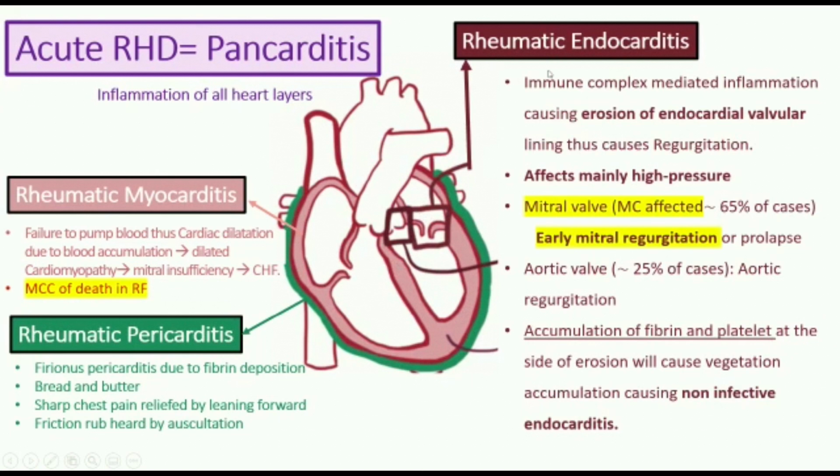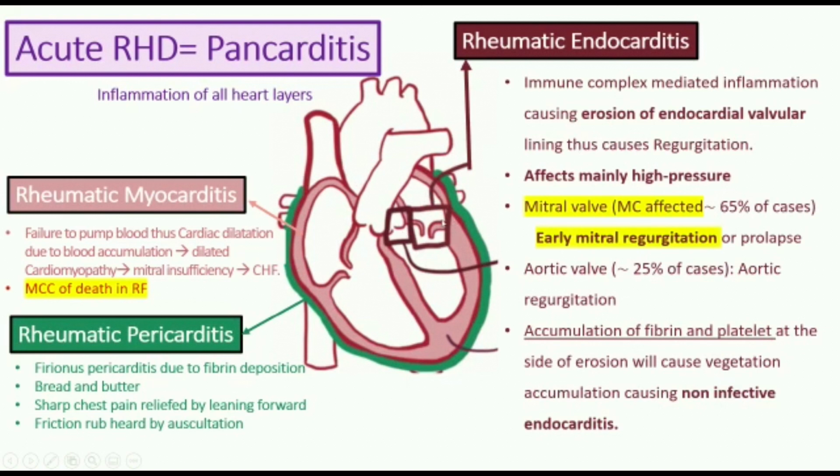Lastly, it can cause rheumatic endocarditis. So the immune complex will come and attack the endocardium, causing erosion, especially at the endocardial lining of the valves, and it will cause regurgitation of the valves. Usually it affects the high pressure valves like the aortic and mitral valves, and the most commonly affected valve is the mitral valve, causing mitral valve regurgitation.